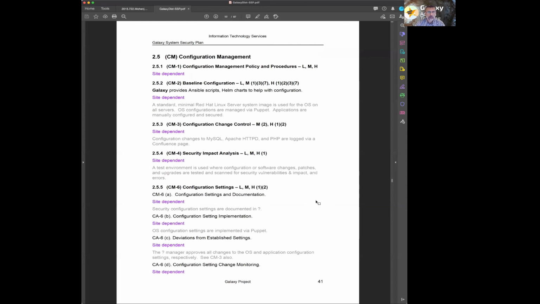Configuration management, this is going to be something that you're going to have entirely your own installation for. That means that you may have Ansible scripts and other things to implement. Galaxy provides some scripts that you can use, but for operating systems, for example, you may have Puppet, Chef, things of that nature. You have to deal with that.